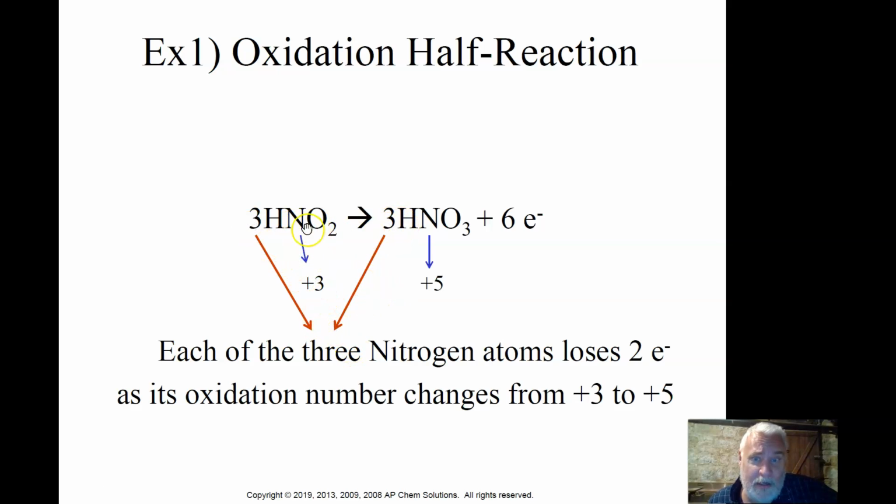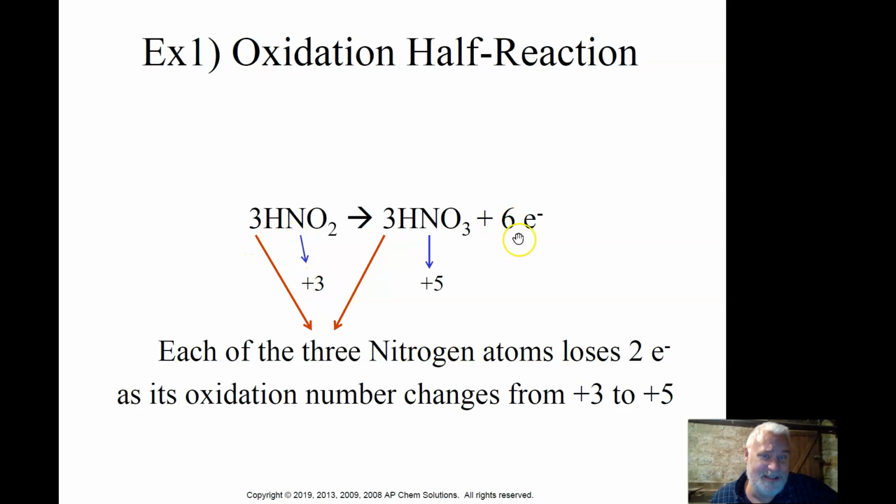And that's why we needed the coefficients in the balanced equation, even though the nitrogen only goes from +3 to +5, it's being oxidized, but there are 3 of each one, so each one loses 2 electrons, so 3 times 2, 6.